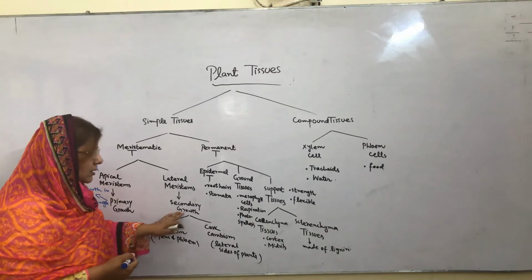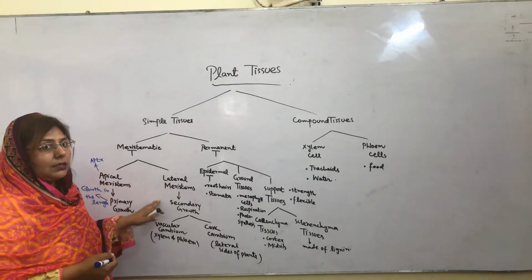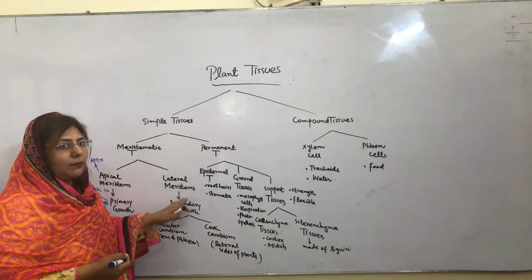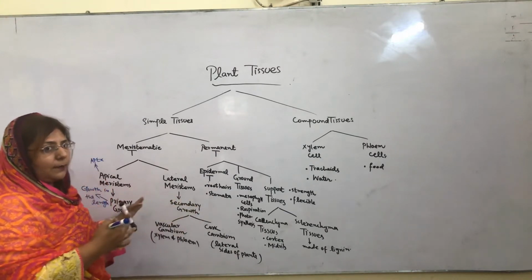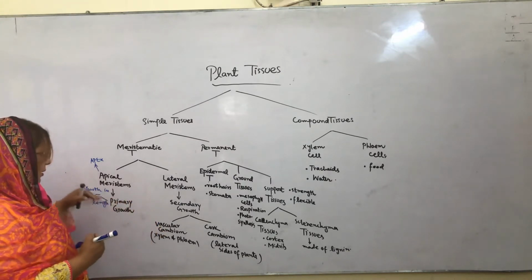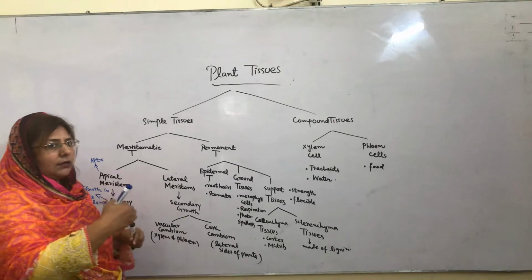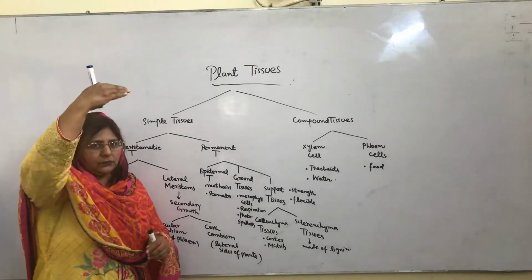What is their important function? They increase the size of the stem. They increase the growth of the plant in the stem. For example, when apical meristems begin to divide, they grow the plant in length.